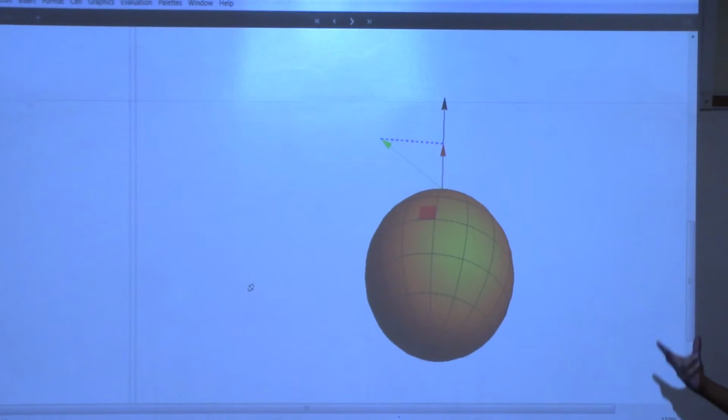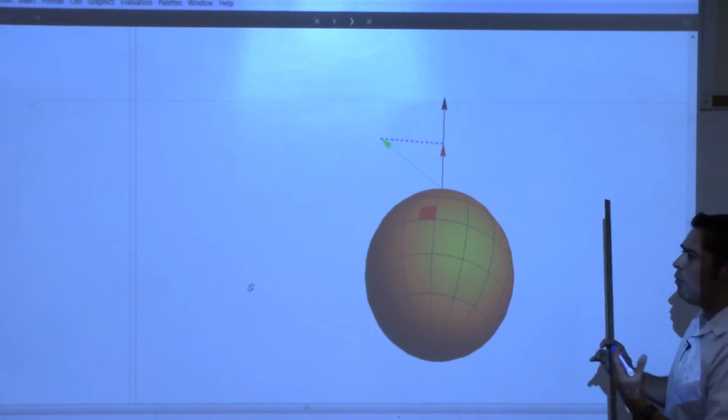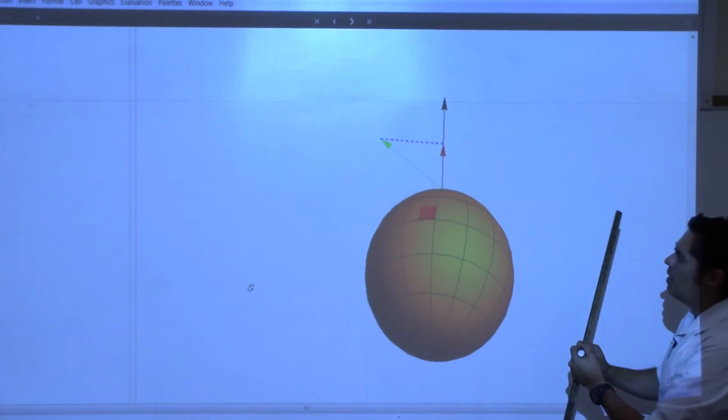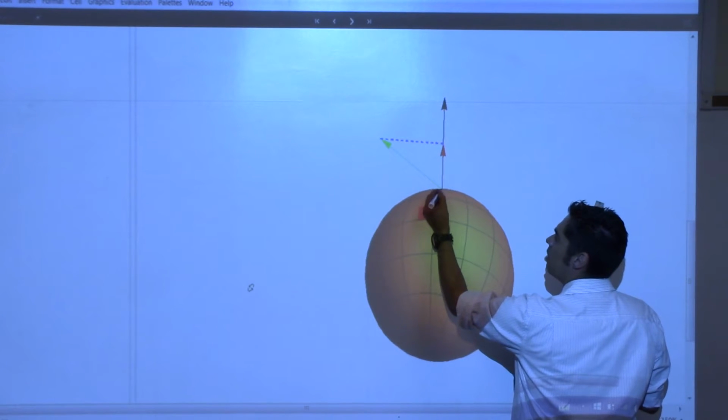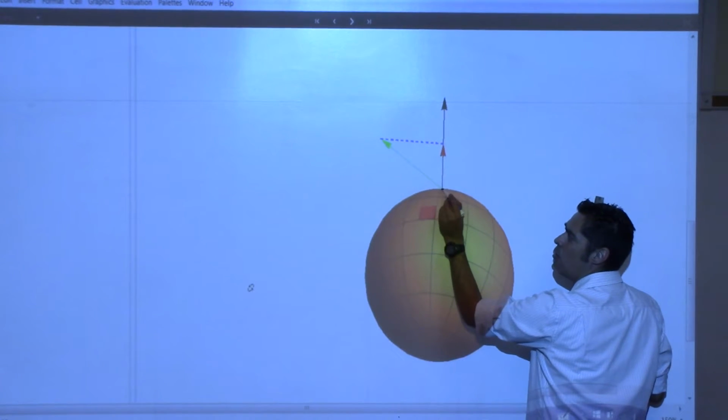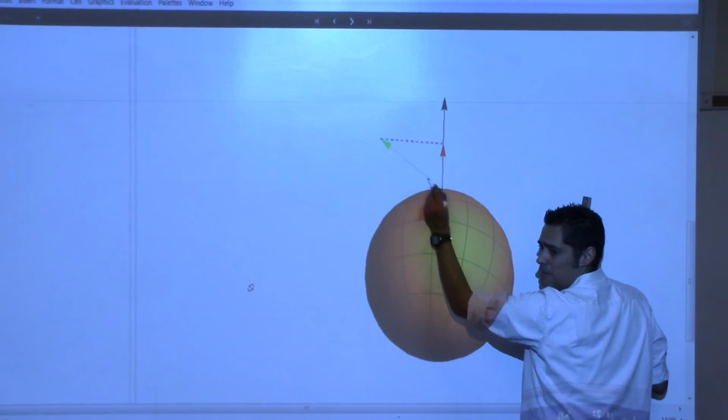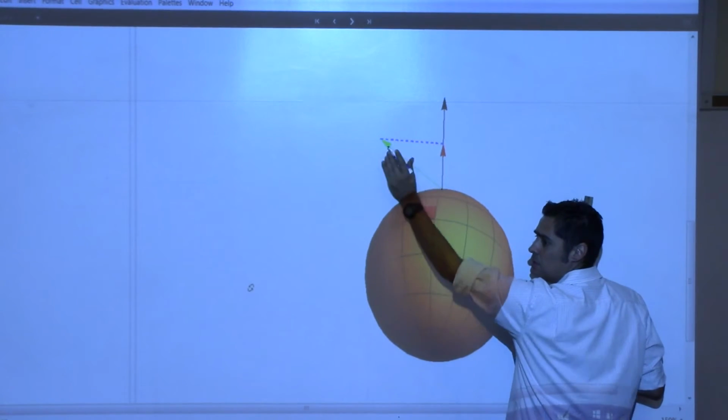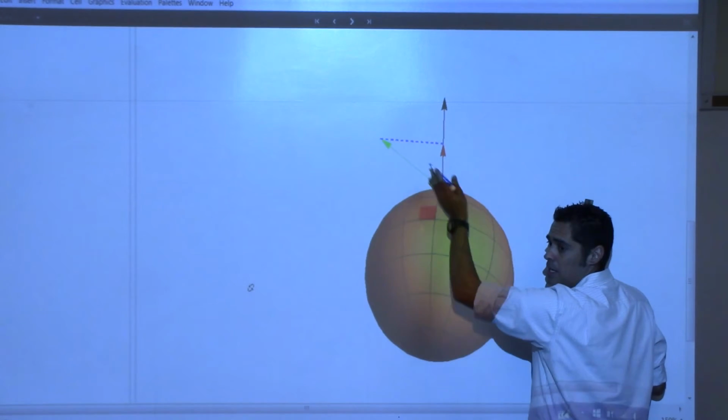And what that red vector represents is, let's go back to water flowing, all right? If you're looking at that point, the water wants to flow in that direction, doesn't it? With a certain magnitude, a certain speed.